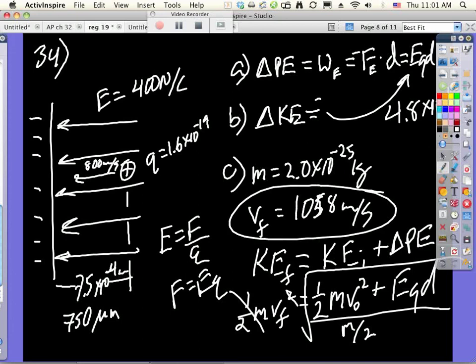Please calculate it now so you can see if you got it. Good? All right. Good. Okay.